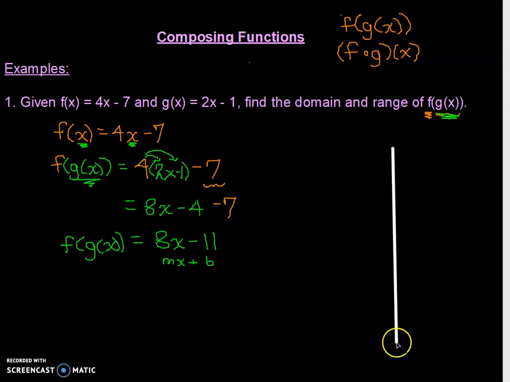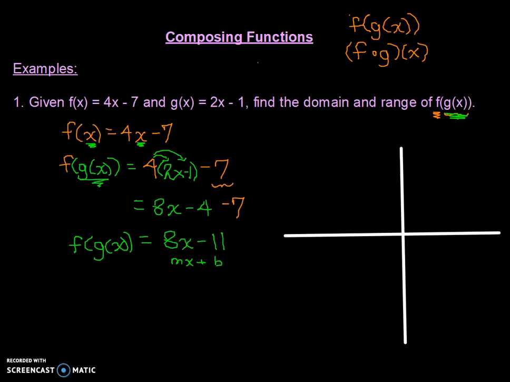Remembering the lessons on domain, usually you can use any number in the x value. The only restrictions occur when you have a rational function, which is a fraction because you can't have a zero denominator, and when you have a square root or an even root because you can't have a negative value there, and also with logs. But we don't have that in this case. We just have a line.